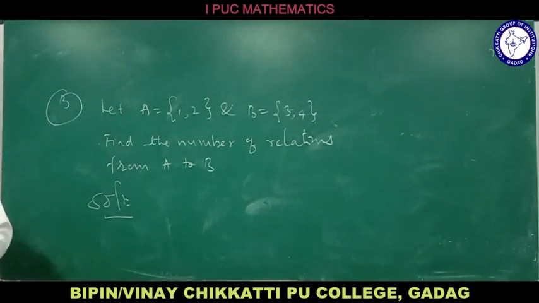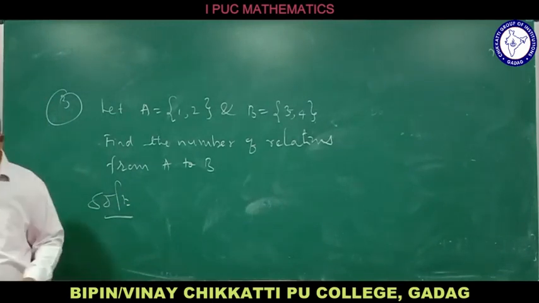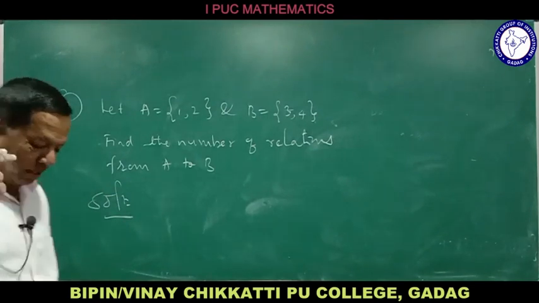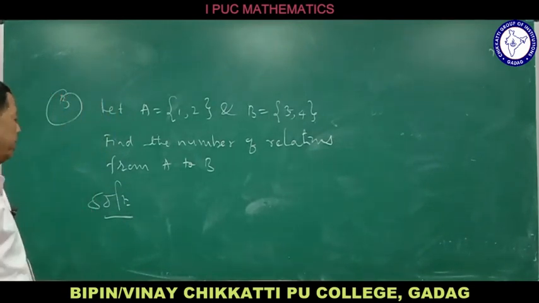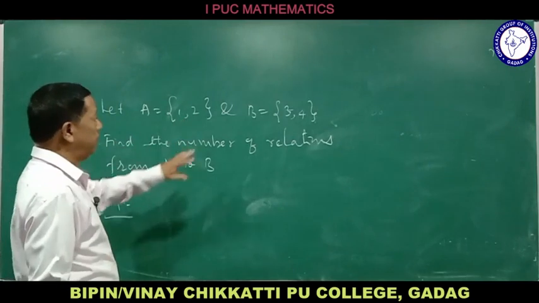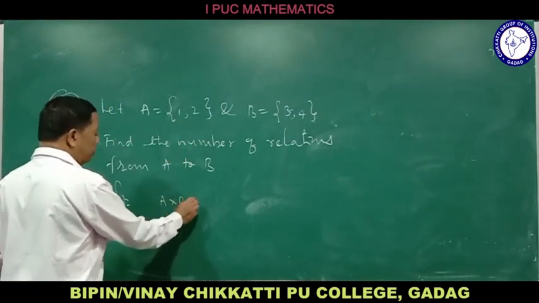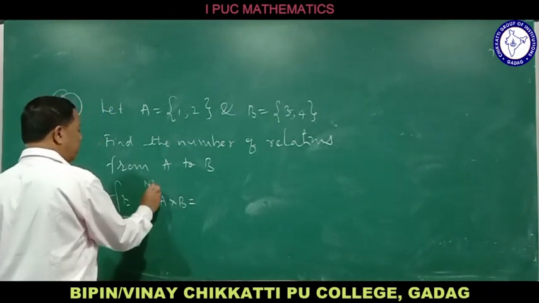Basically, the number of relations is the number of subsets, and you have to calculate how many subsets there are. Relation means ordered pairs, so first you find out A cross B.